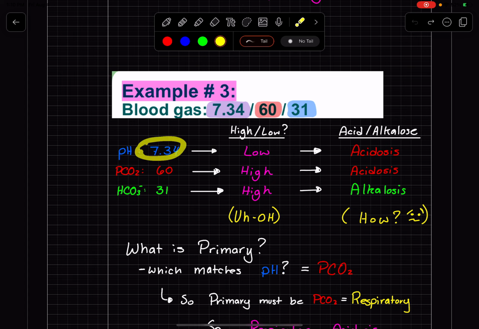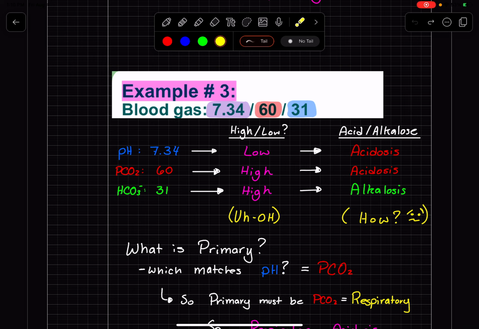What is 7.34? Is that acidic, or is that high, or is that low? That's low. Okay, does low pH mean acidic or basic? Well, low pH means acidic. Okay, moving on. CO2 is 60.